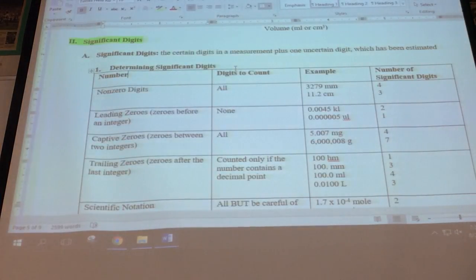So let me try and show you what significant digits are in regard to a simple picture. Let's say, for example, that we are going to react magnesium ribbon with hydrochloric acid.